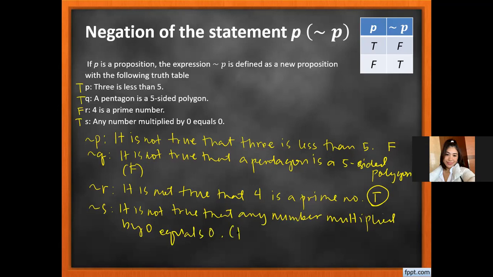So this is a false statement. Okay? So I'm just writing in statement form the negation of each statement here and then provide the truth table, because in your next activities you might be doing the same thing here.